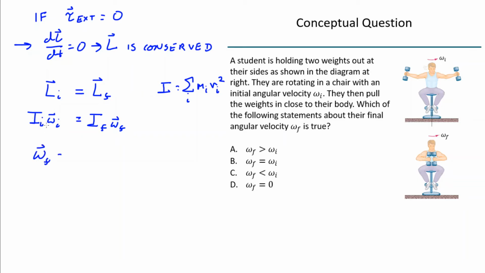Omega final is going to equal omega initial times I initial over I final. And the moment of inertia increases as the distance of mass increases. The farther the mass is from the center of rotation, the bigger this r is in our mr squared equation, the bigger the moment of inertia is going to be.